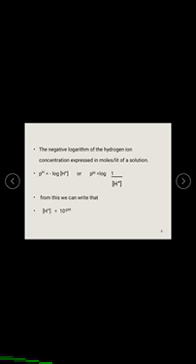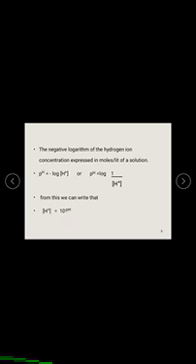When we apply the anti-logarithm to both sides, the anti-logarithm of pH is written as 10 to the power of minus pH.